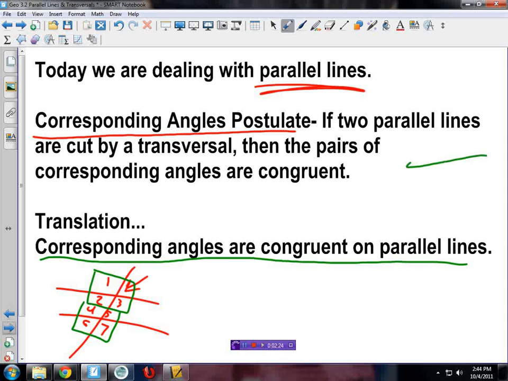This is what's in your book. It's probably not going to help you a bunch. But on the bottom is what that really means. Corresponding angles are congruent on parallel lines. Right? And again, this only works on what type of lines? Parallel, right? Don't get caught doing this when the lines are not parallel.